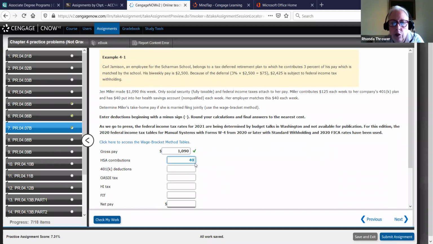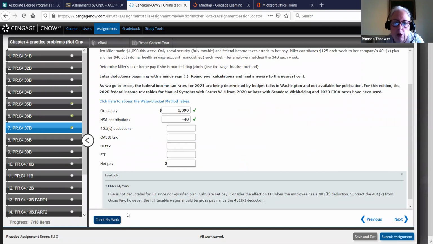So this is her contribution. Jen Miller contributed $40. That is her contribution. Now, remember that deductions have to be entered with a minus sign or this is going to count wrong. So I need to put a minus sign in front of this to make this right. So make sure you read all your instructions carefully.